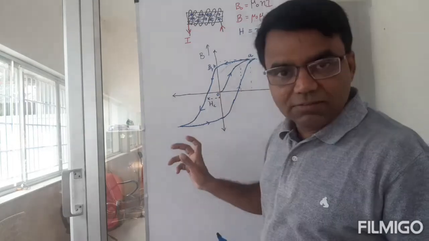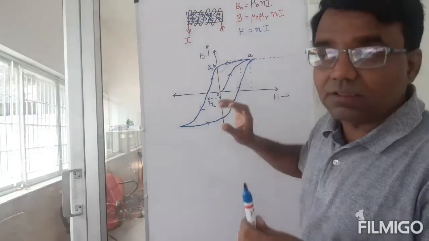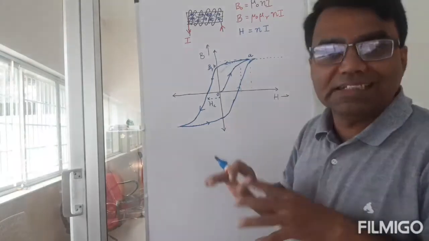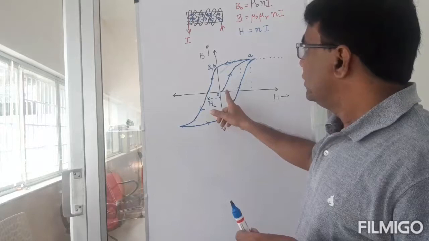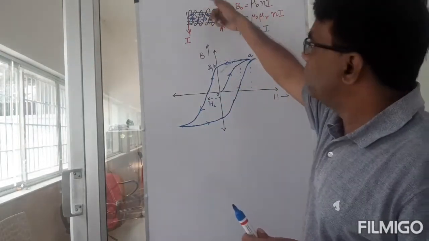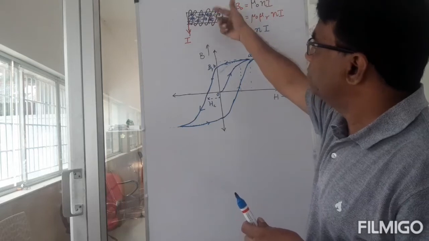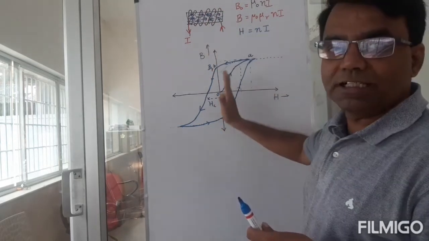I hope you understand this. You take a ferromagnetic material which does not have any net magnetism, then you start magnetizing it. The way you magnetize it is by having a coil and passing current in that coil, then more and more domains will align.